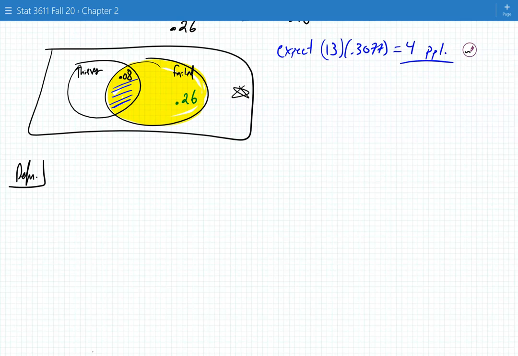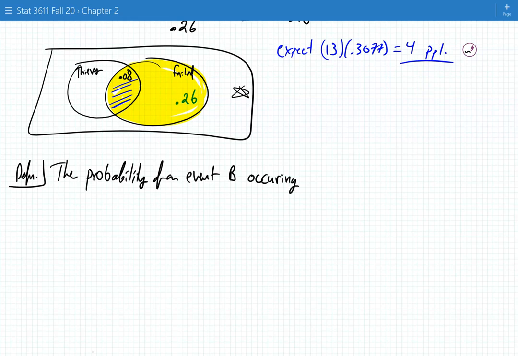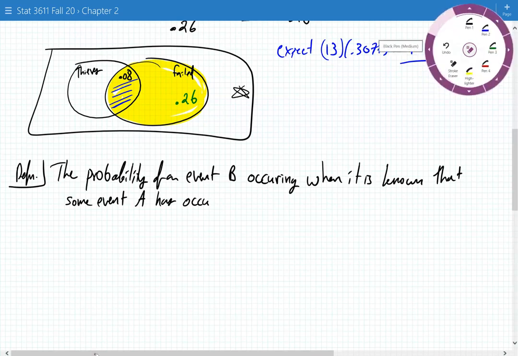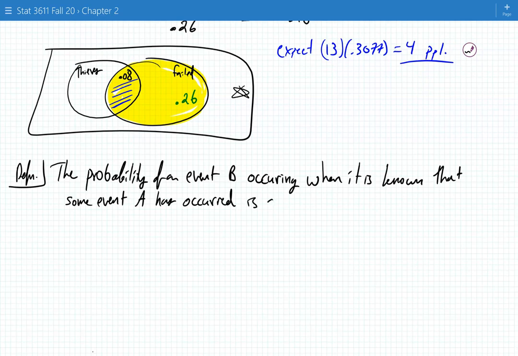Let's go ahead and write out this definition here. The probability of an event B occurring when it is known that some event A has occurred is called conditional probability.